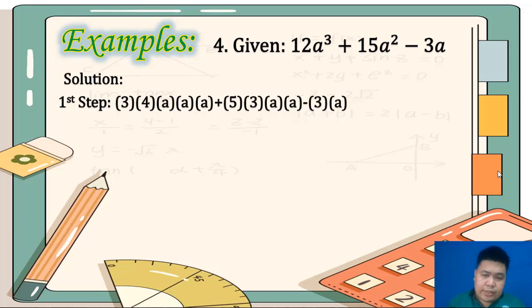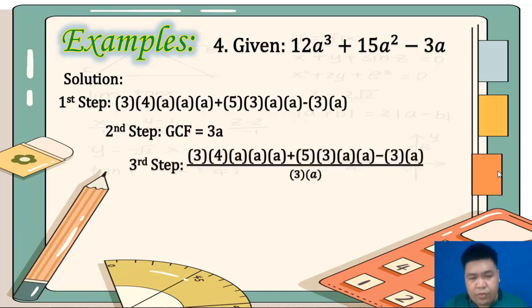Then the last is minus 3 multiplied by a. Then the next step is to look for the GCF. Our GCF is 3a. Then for our next step, divide the factors by the GCF. Then the next step is to cancel out the 3a from the denominator and the numerator.